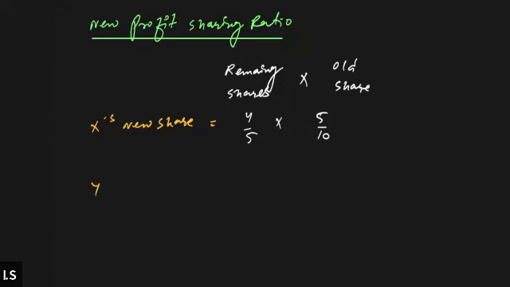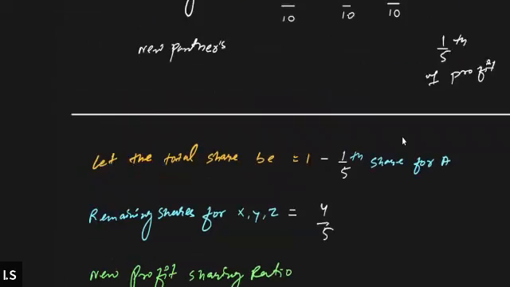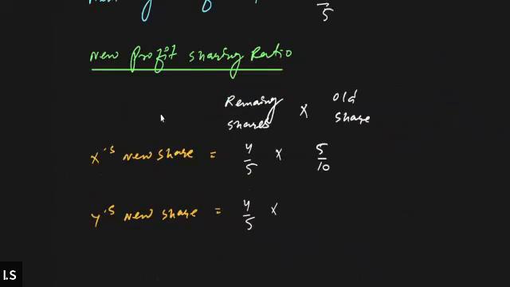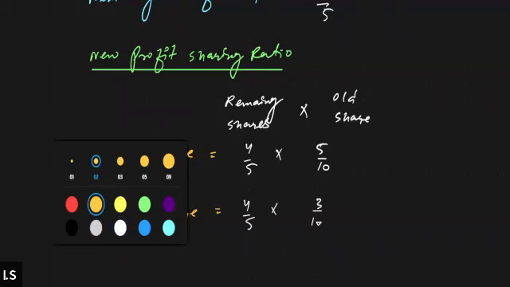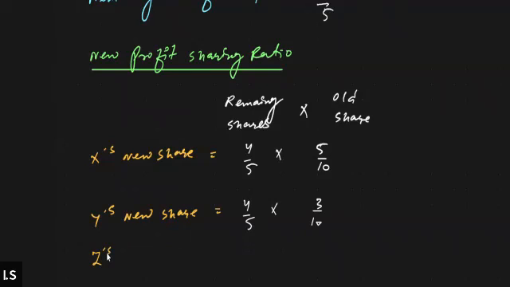Then for determining Y's new share, we will simply take the remaining share 4/5 and multiply it by 3/10, that was the old share of Y. And similarly, we'll do it for Z's share, that is 4/5 into 2/10.